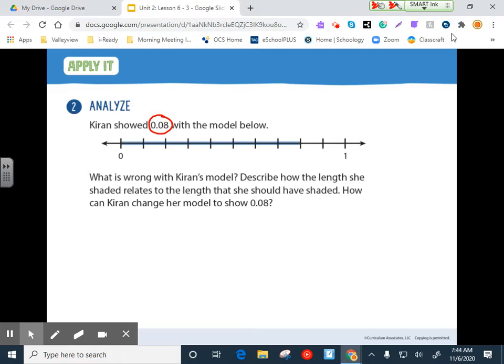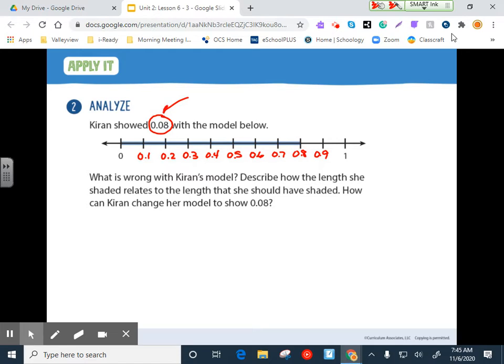All of these lines are breaking up 0 and 1 into 10 different parts. So each of these lines represents a 10th. So I'm just going to label these 6/10, 7/10, 8/10, 9/10, and 10/10 is 1. So I just have it like that.